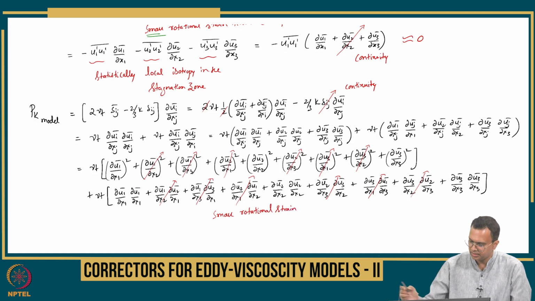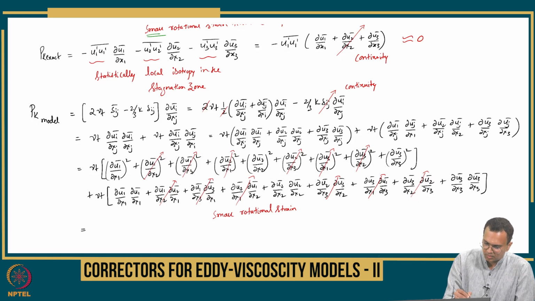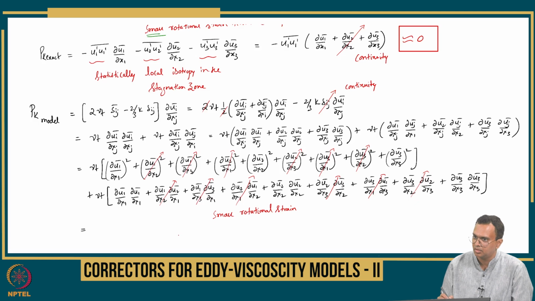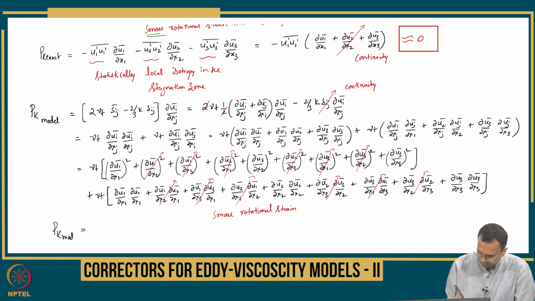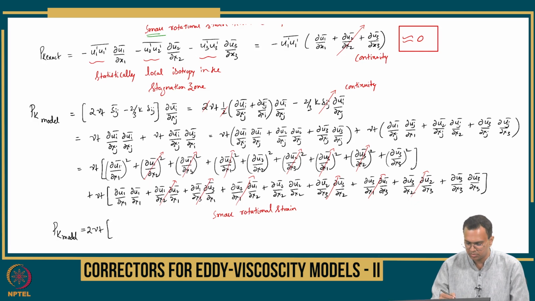So that means I get finally pk model is equal to, so this was pk exact, right, pk exact was almost 0. Now we have pk model is equal to nu t of, so have 3 plus 3 6 terms, which is essentially 2 nu t if I take, because this dou u1 bar by dou x1 is repeated here.